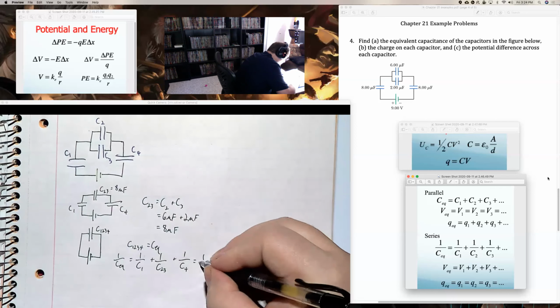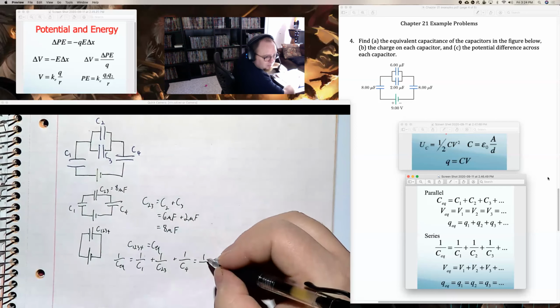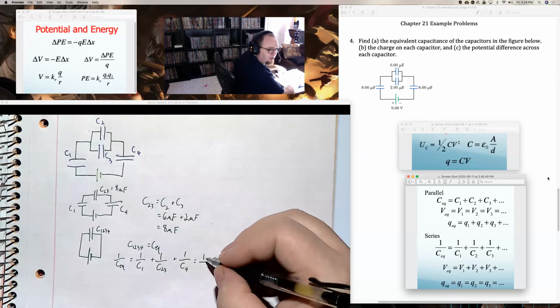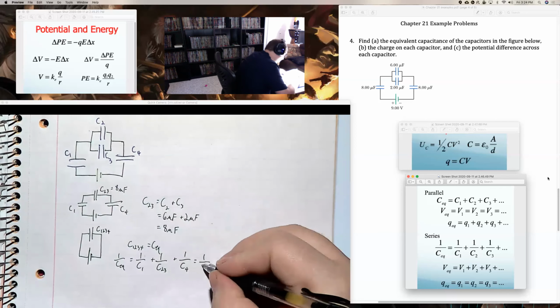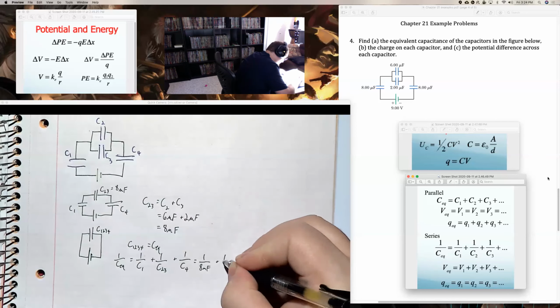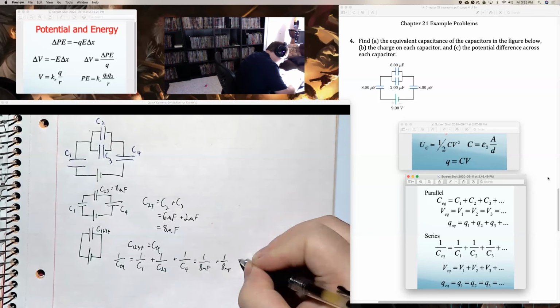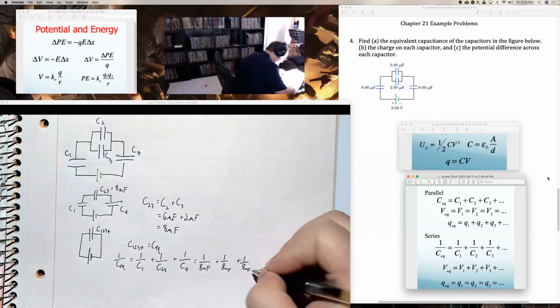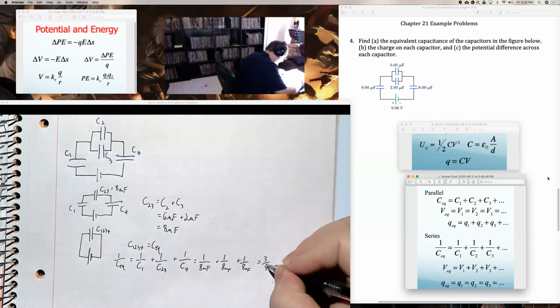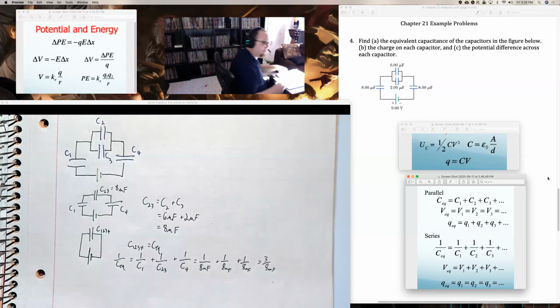Which is 1 over 8. Oh, wait, they are 8? Yeah, okay, 1 over 8 microfarads plus 1 over 8 microfarads plus 1 over 8 microfarads, which is 3 over 8 microfarads. But that's not C equivalent, that's 1 over C equivalent.